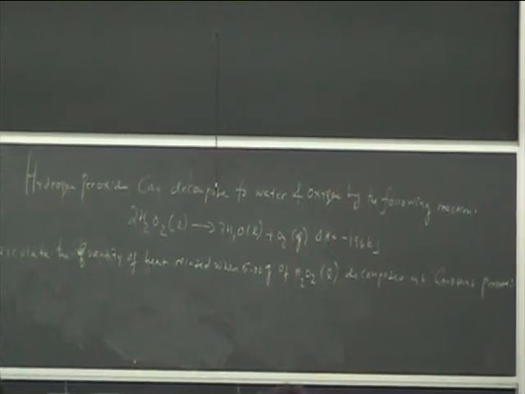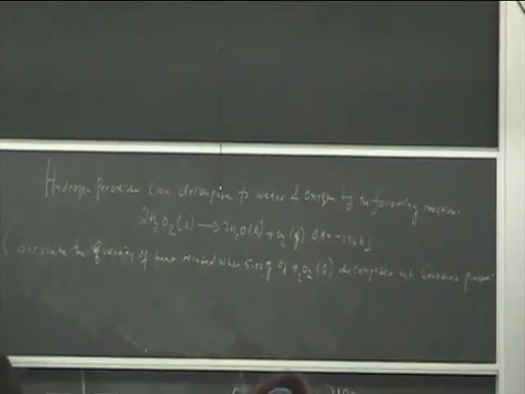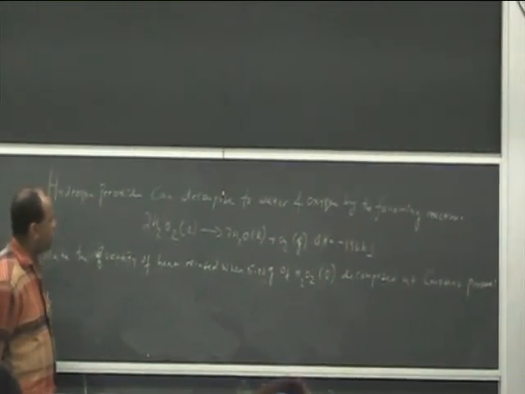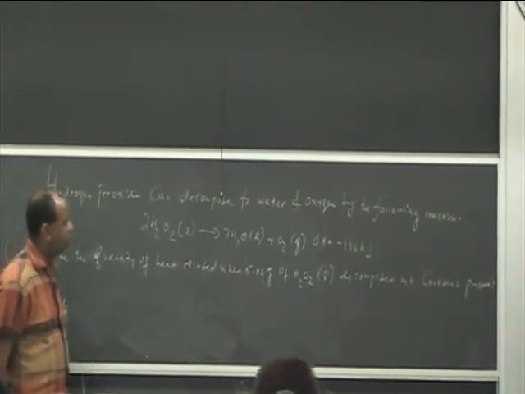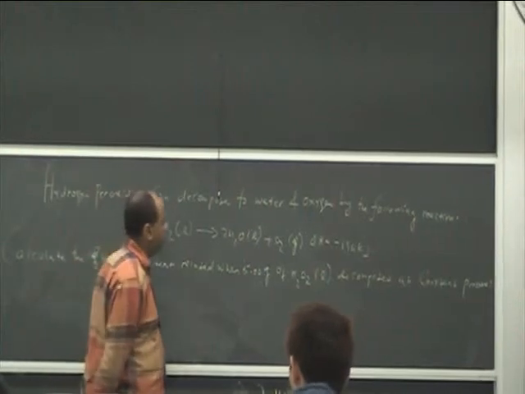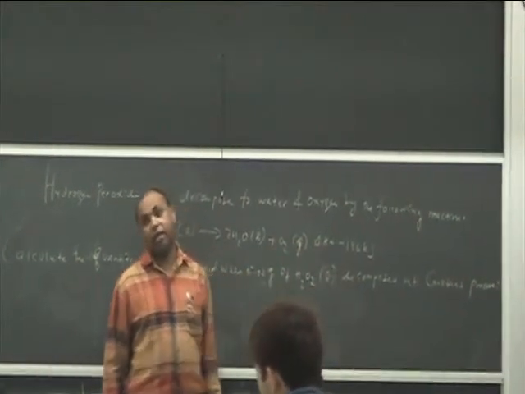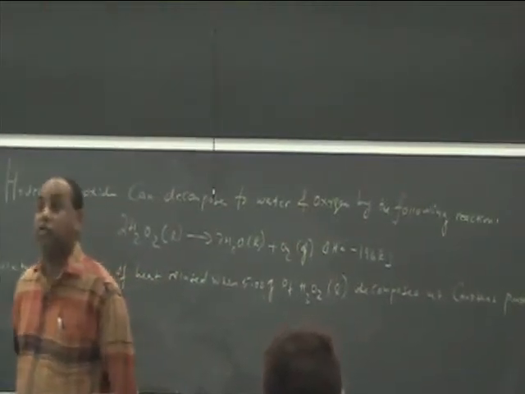Hydrogen peroxide can decompose to water and oxygen, and the reaction is given to you here. When it decomposed, it produced this much heat, 196 kilojoules of heat. That was given to you.